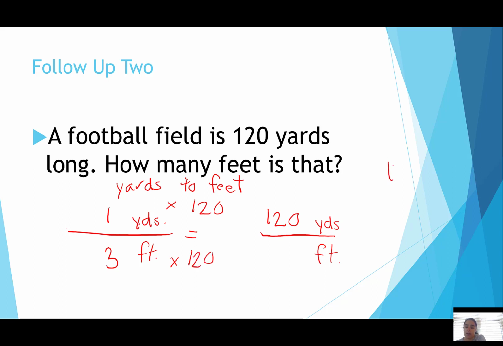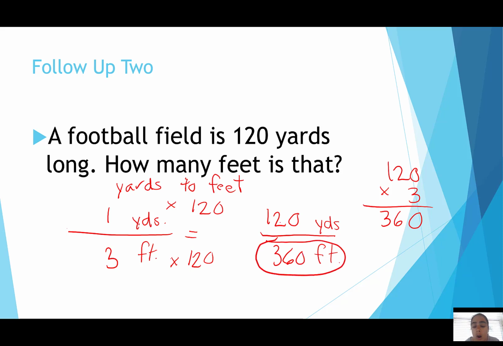So if I do this over here, 120 times 3. 3 times 2 is 6. 3 times 1 is 3. I should get 360 feet, which makes sense because feet are smaller than yards, so you need more of them.